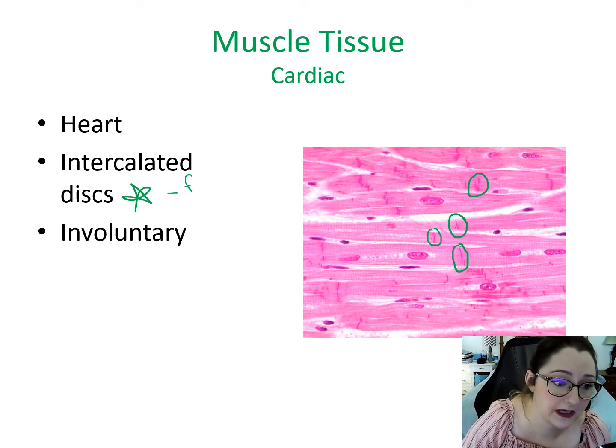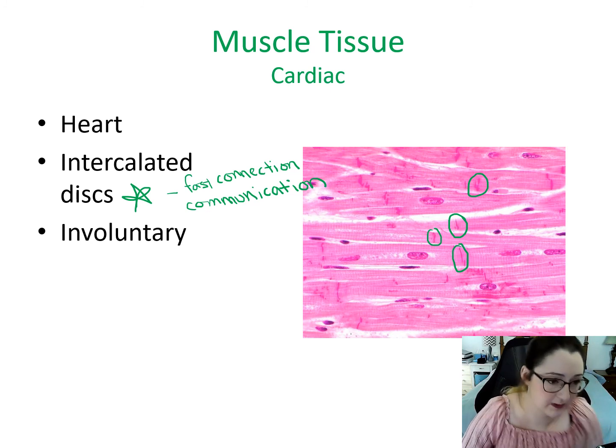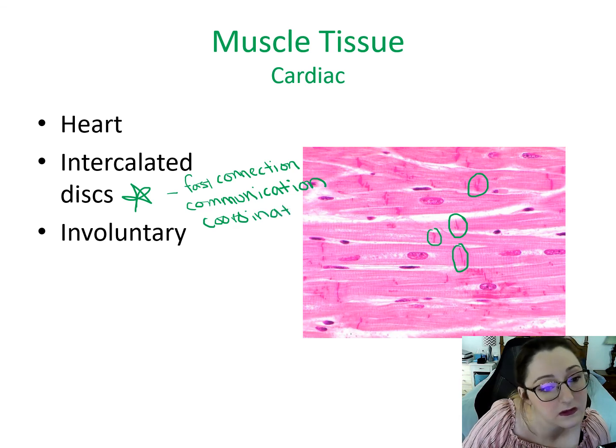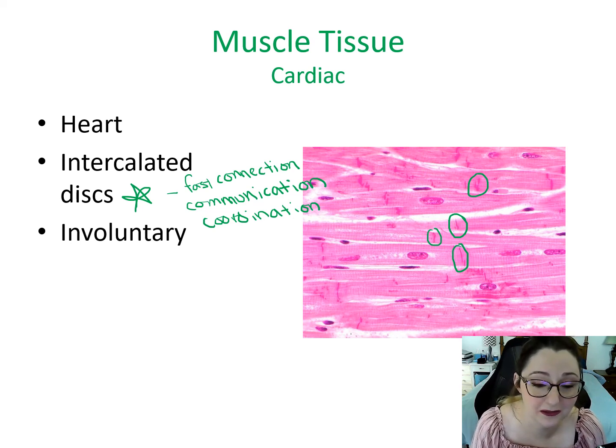So it is fast connection, communication, and coordination. Is what they serve the purpose of. And do know that your heart is involuntary muscle tissue. You do not control it. If you had to think about it on a daily basis, that would be insane.